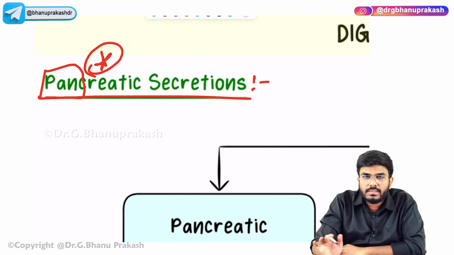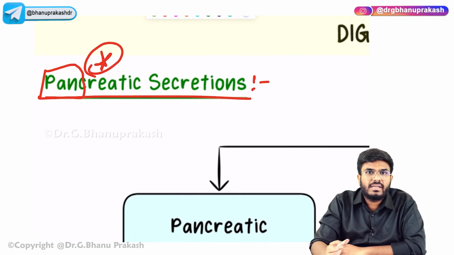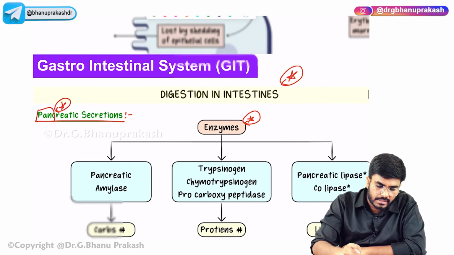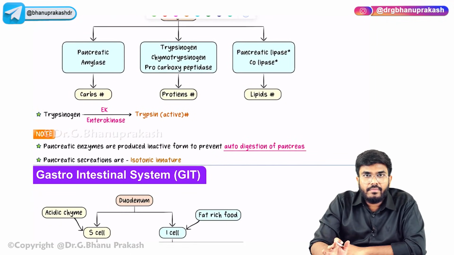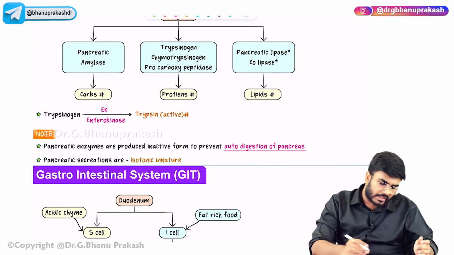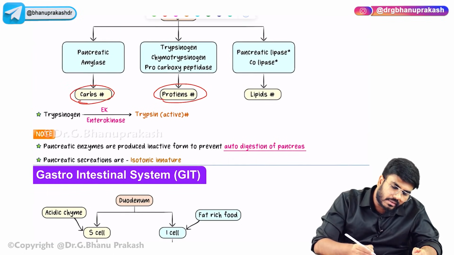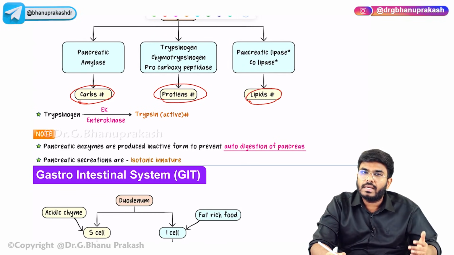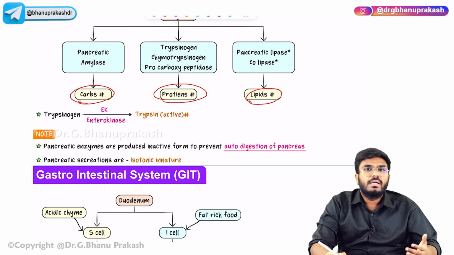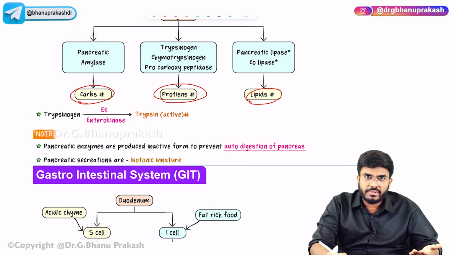Pan means complete, as in pancytopenia. So the pancreas produces enzymes that cause complete digestion of all substances: carbohydrate digesting enzymes, protein digesting enzymes and lipid digesting enzymes.